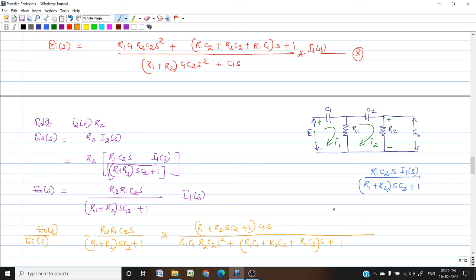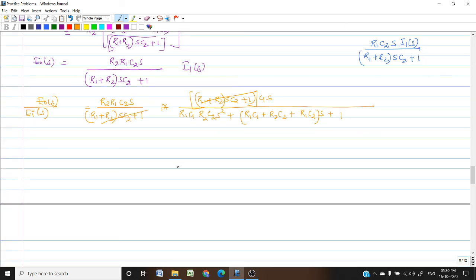I1 of S gets cancelled. And you can see this term and this term get cancelled. So these two terms get cancelled.